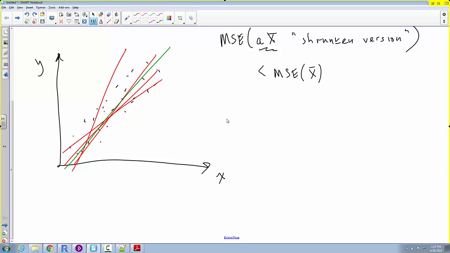In a simple case like this, it'd be the difference between truth for individual i and the fitted value for individual i, which would be the value of the line at individual i's x value. How badly did we miss for that person? Square it, and then average those up.